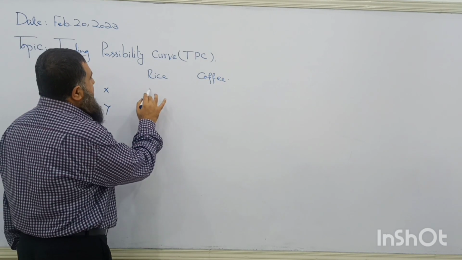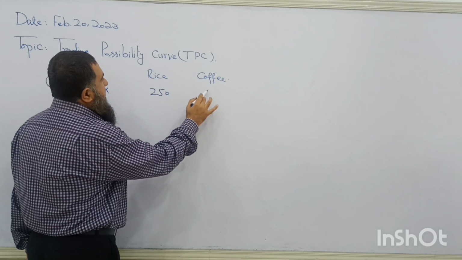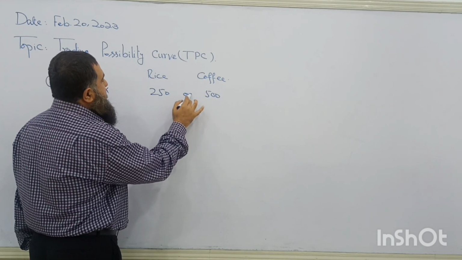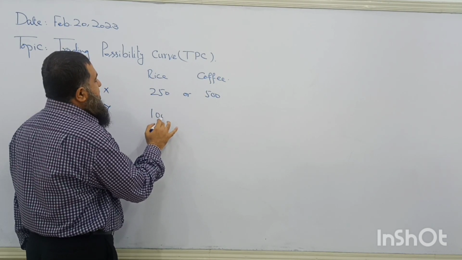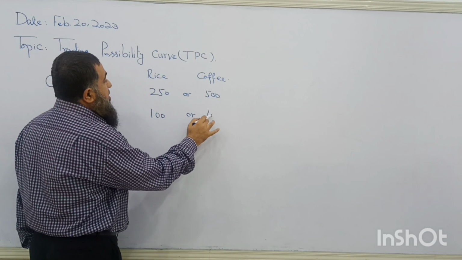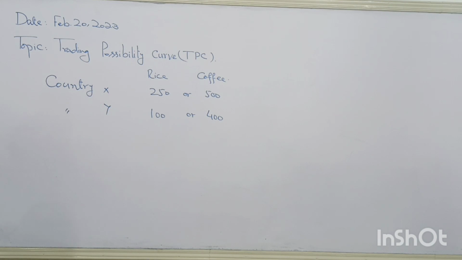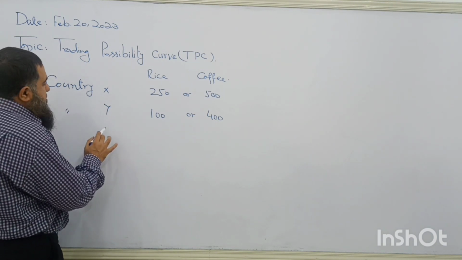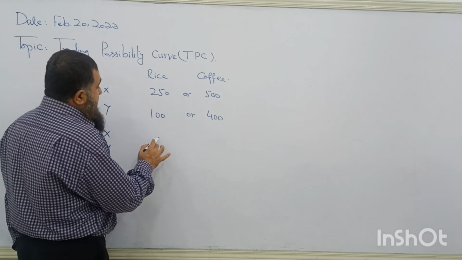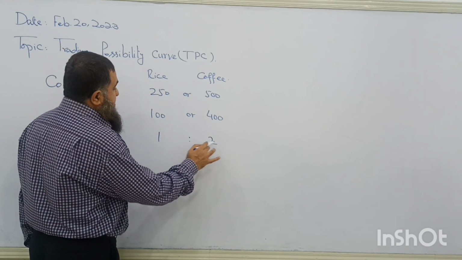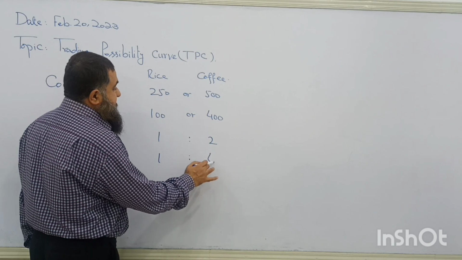Here we were taking 250 and 500, and here I was taking 100 or 400. That was our production level of the two countries. Then we found their opportunity cost ratios.